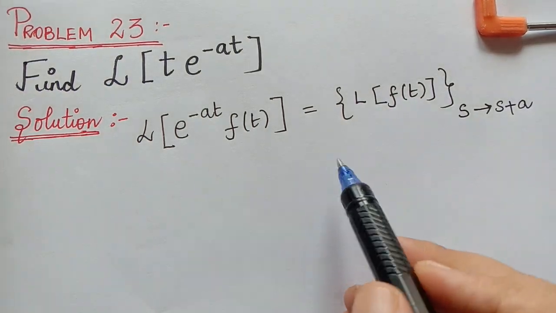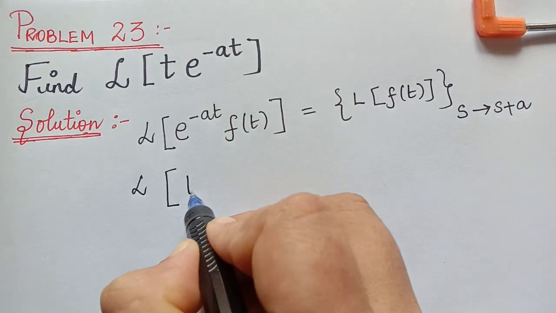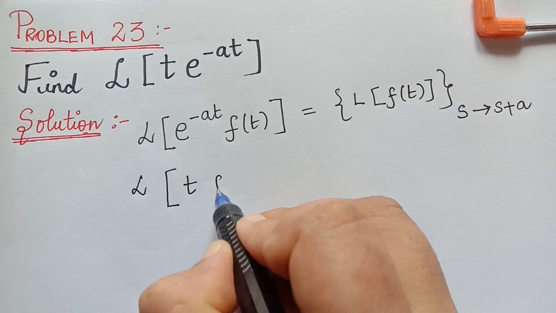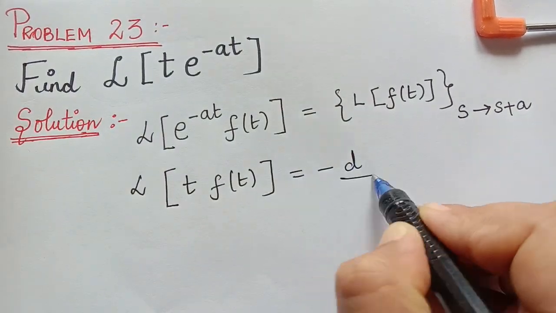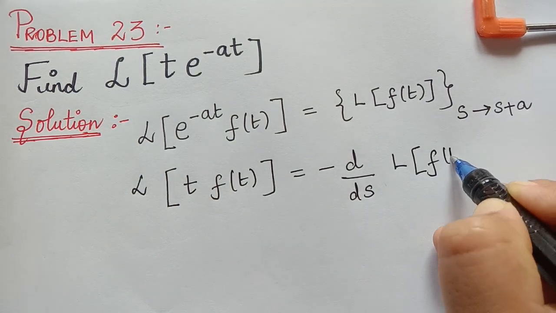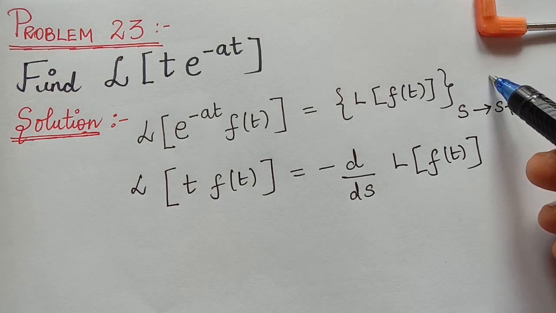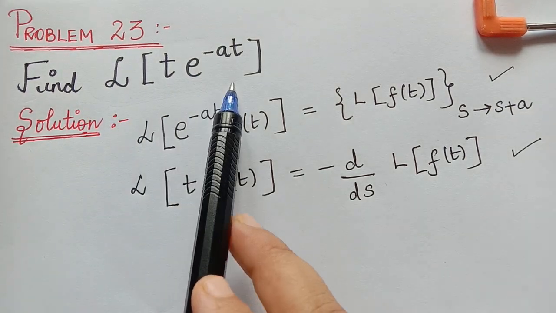Or we can use theorem 2, where the Laplace transform of t f of t is equal to negative d by ds of the Laplace transform of f of t. We can use any one of these theorems to find the solution.